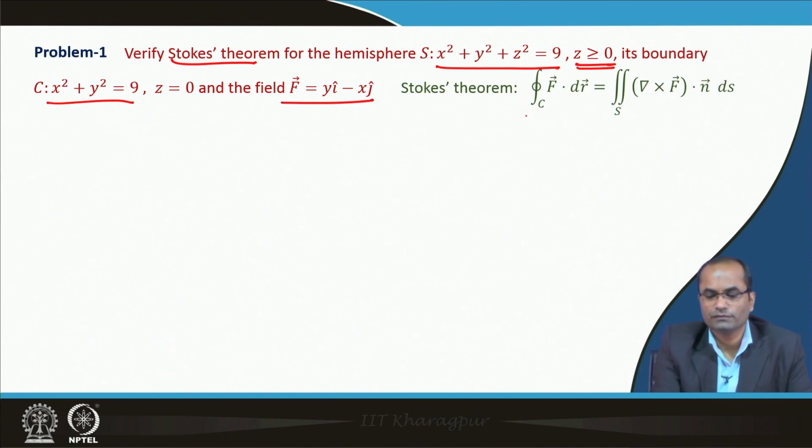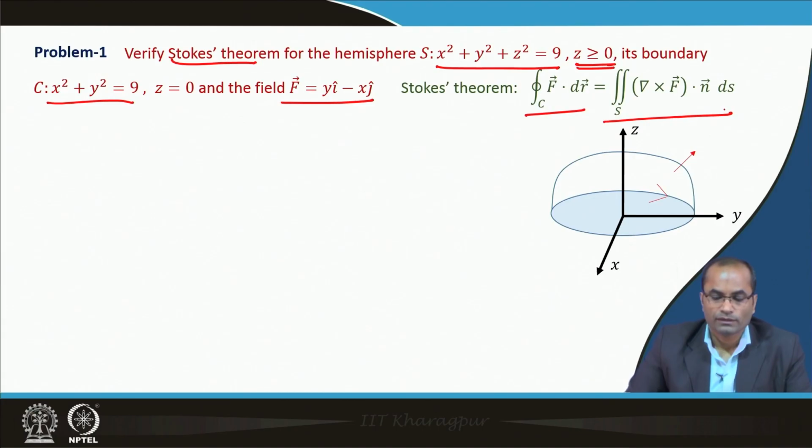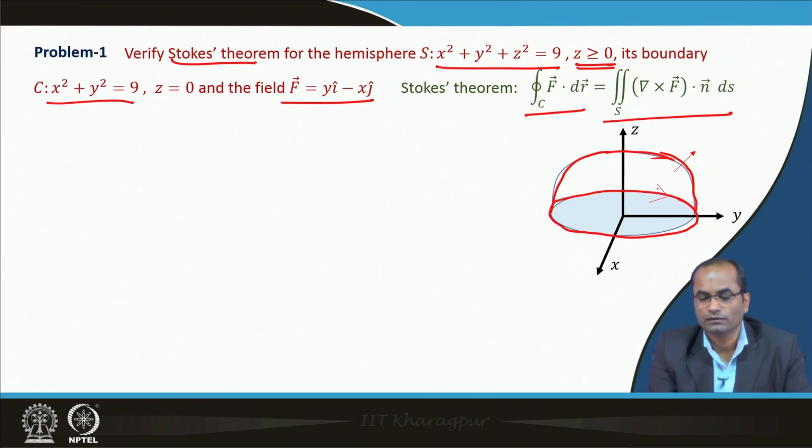To verify Stokes theorem, we need to verify the curve integral, and the right hand side, the surface integral. We already know how to compute a surface integral. So, this is the situation here. We have this hemisphere and its boundary is given by this circle on the xy plane.